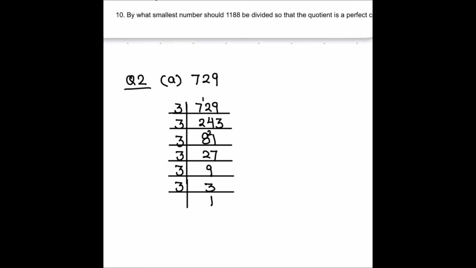For finding the cube root, we are going to write the number as the product of its prime factors like so. That is 3 times 3 times 3 times 3 times 3 times 3. And by taking cube root on both sides, we can find the cube root.